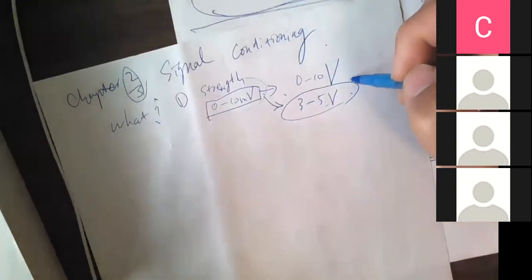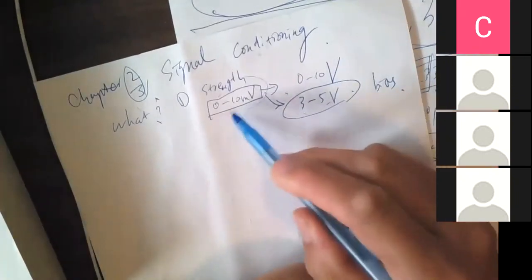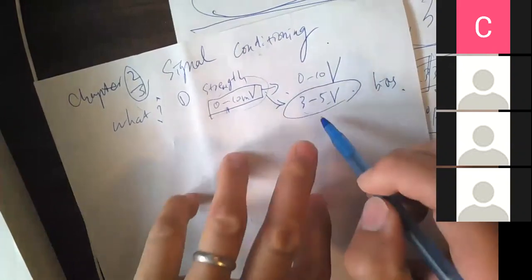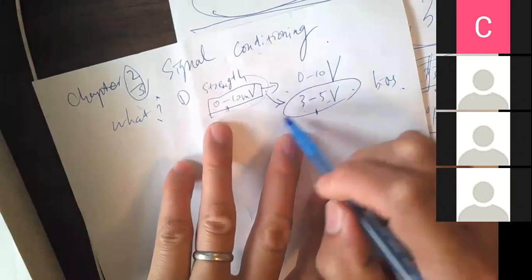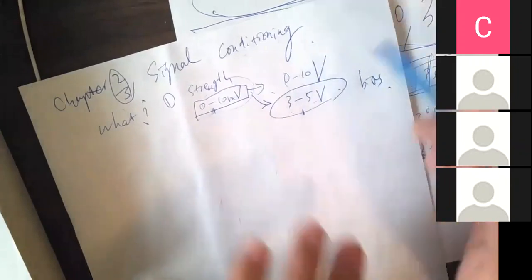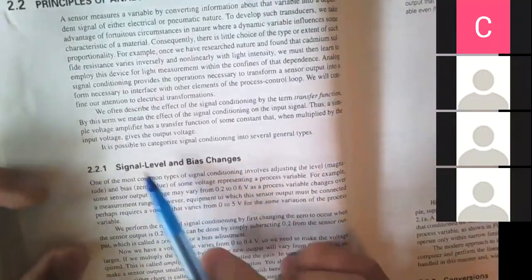That's called bias. Bias is also changed because the average here is shifted, 0 shifted to 3 instead of staying at 0. So this involves signal level and bias changes. So that's conditioning number 1.